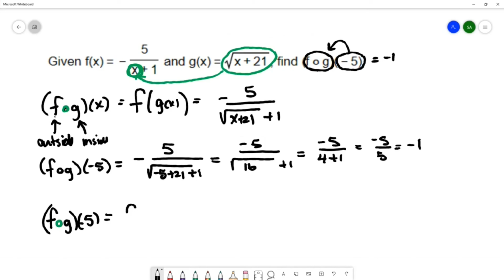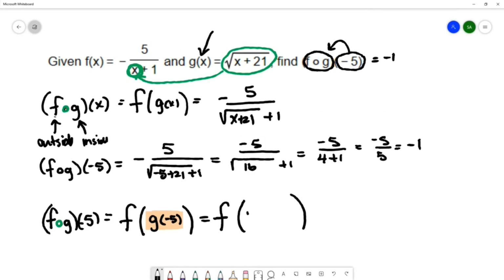So that means that I can write this as f of g of negative 5. g of negative 5 means to substitute negative 5 into the function called g. So into this function, g of x, I'm going to substitute a negative 5.